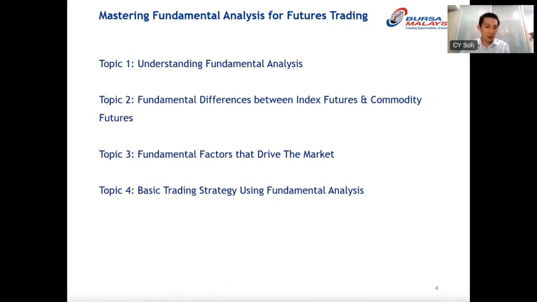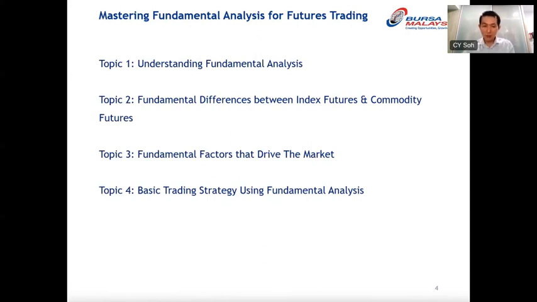The first topic, understanding fundamental analysis. First, you will need to understand the purpose and importance of fundamental analysis. When you understand this, then you will appreciate why fundamental analysis is significant in helping you make better decisions.